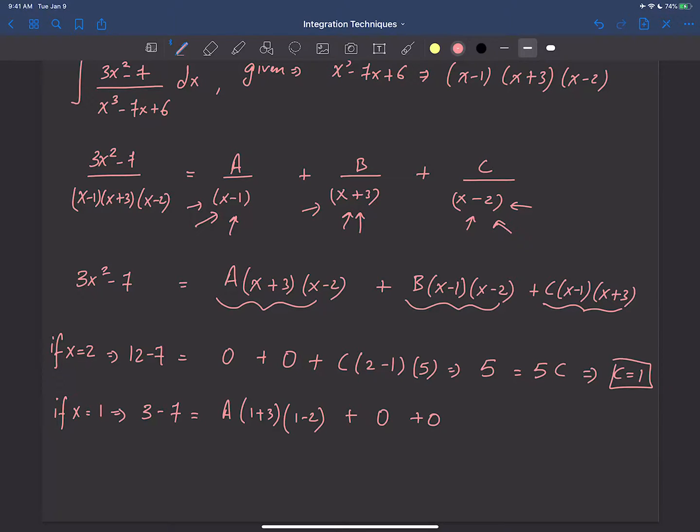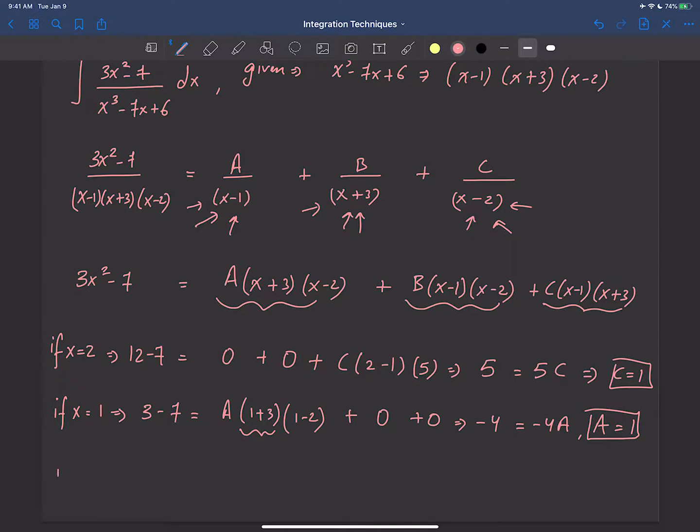On the left side, you're getting minus 4, because 3 minus 7 is minus 4. And on the right, 4 times minus 1, so basically you have minus 4a, which tells you that a needs to be equal to 1. So cool, we solved that.